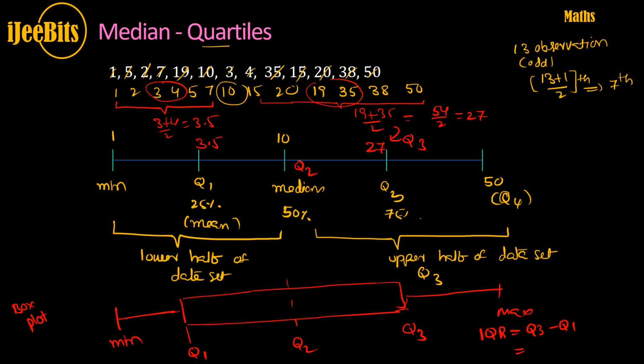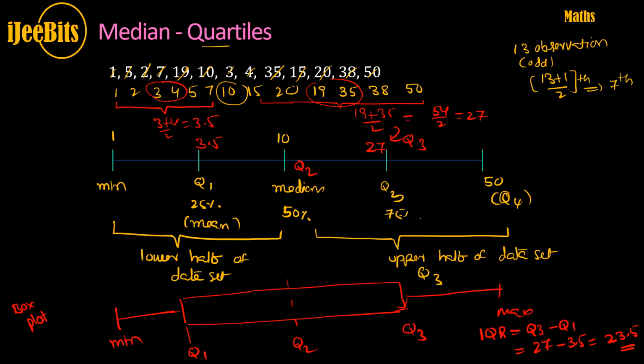In our case, if you look at 27 minus how much? Q1, 3.5, right? Which is nothing but 23.5, would be your interquartile range. This we are going to use for understanding the data and finding the outliers of the data, which will continue in the next topic.